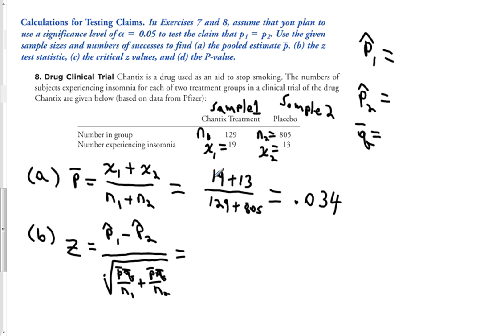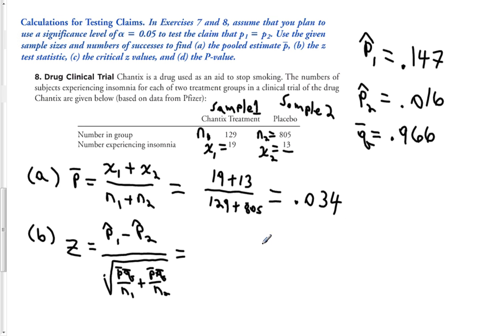So those are going to yield for us p1 of 0.147, which is 19 over 129, p2 of 0.016, which is 13 over 805, and q bar of 0.966, which is actually 1 minus 0.034.